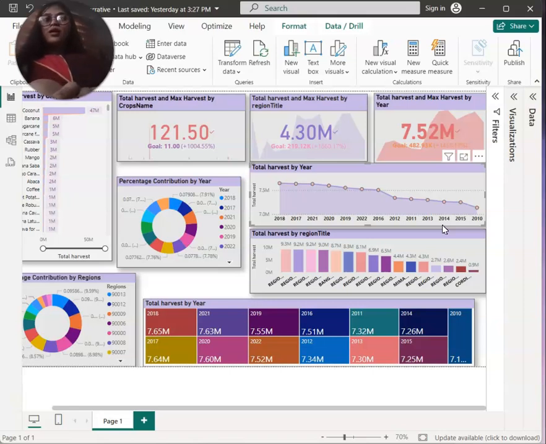This trend suggests significant progress in agricultural practices and resource management over the years. The stable output in recent years also demonstrates resilience against potential disruptions like climate change or economic downturns.